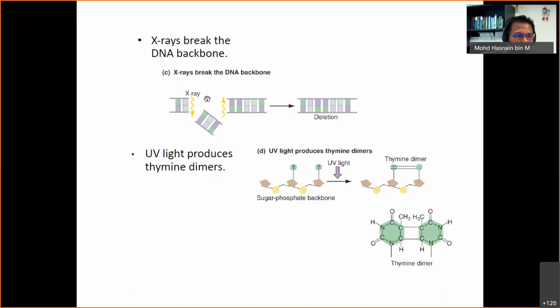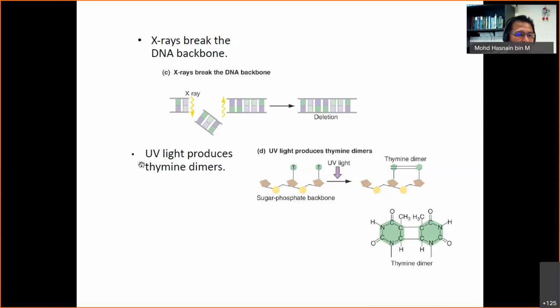If this deletion somehow occurs on a gene, then you have changes in the gene. Okay, but if it is occurring on a region that does not have a gene, then you can only have changes in the number of repetitive sequences. So the fingerprinting is different, but the individual is normal. Okay, so that is the X-ray that can cause changes on the DNA.